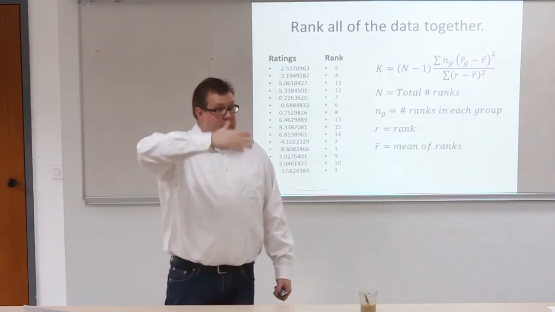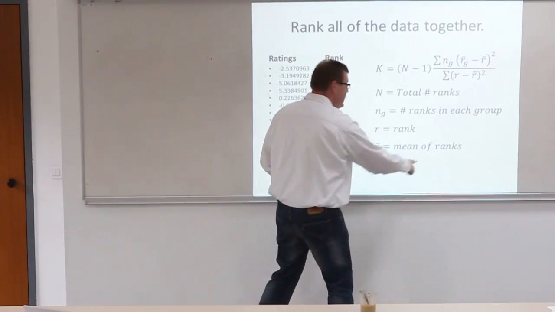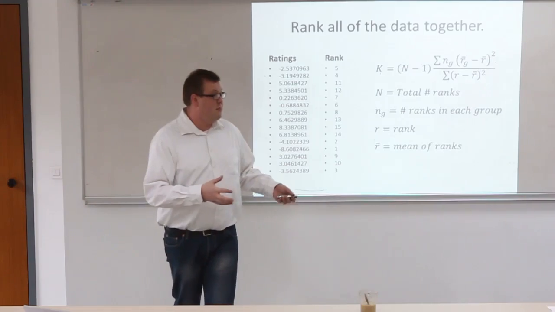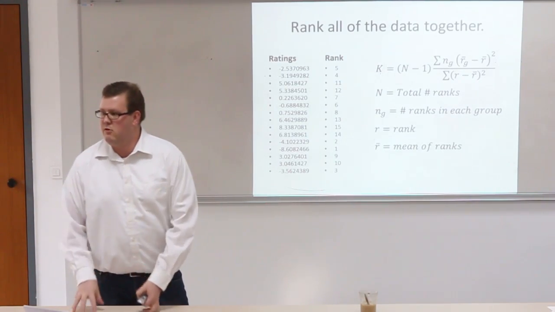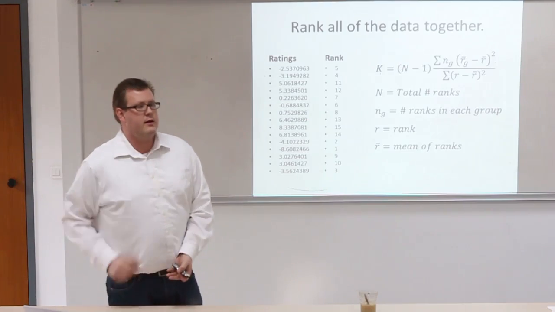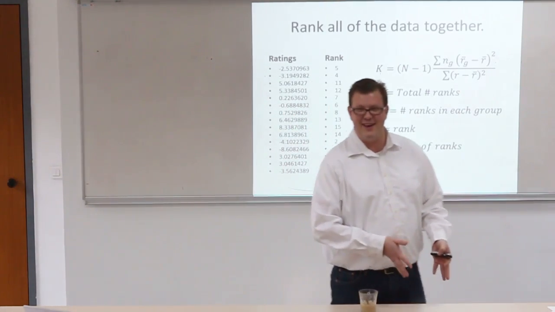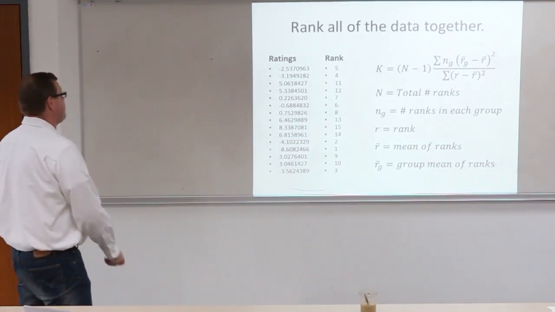It's going to be mean ranks for what? This was the mean of all of our ranks. It is for a particular group. So it will be the mean of the ranks for each group, right? So we'll have a mean rank for each group. So that's just the group mean of ranks.